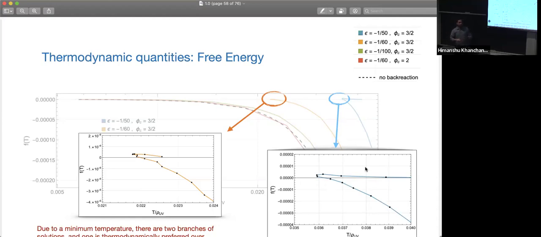So what's happening is that this black brane, or this horizon, is receding, and at some point the temperature starts to go up, and now its entropy is becoming less, or the free energy is becoming more. So it's becoming thermodynamically unstable, which is totally not what people had thought about before.